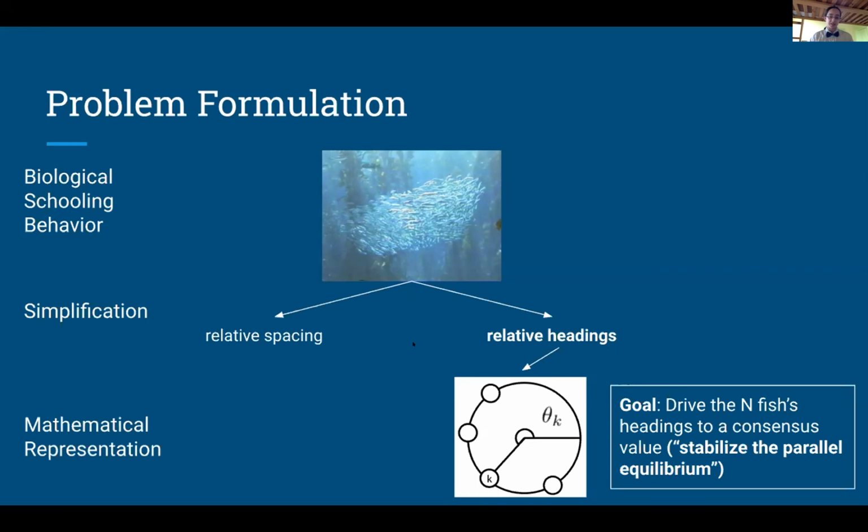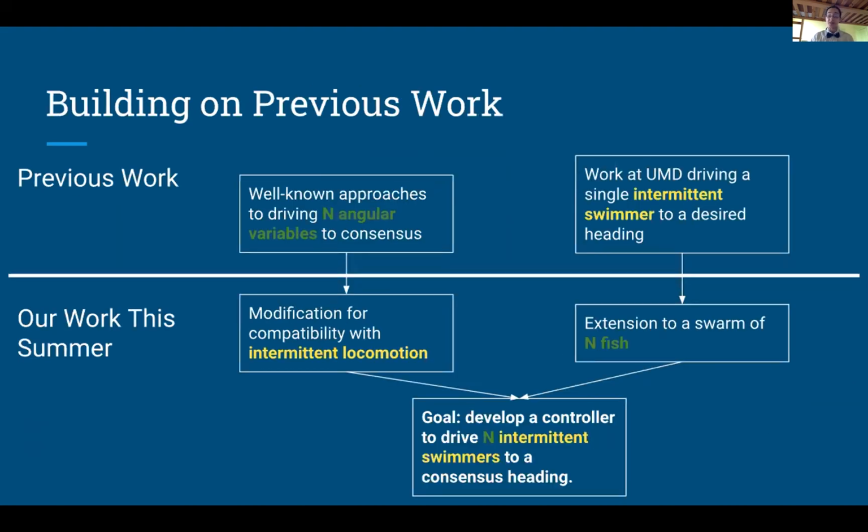Whereas if we'd included relative spacing, we probably would have had to deal with positions and speeds as well. But with just the headings, we could state our goal as driving those N headings to a single consensus value. And the good news, if that's your goal, is that a lot of people have worked on similar projects in the past.